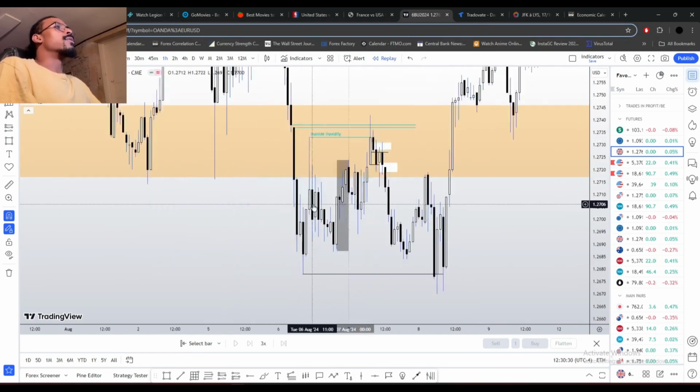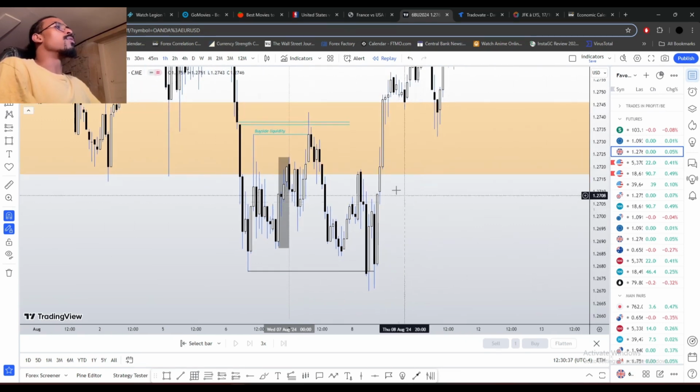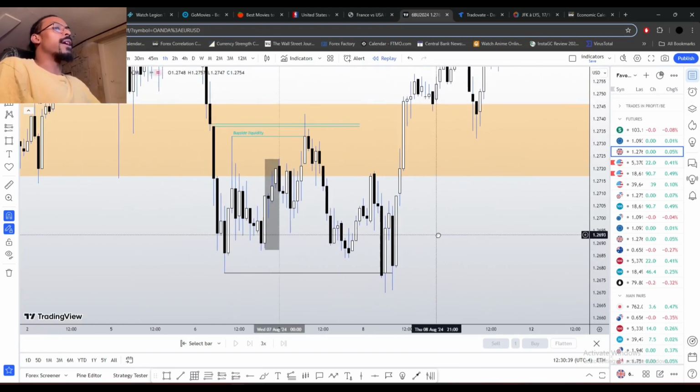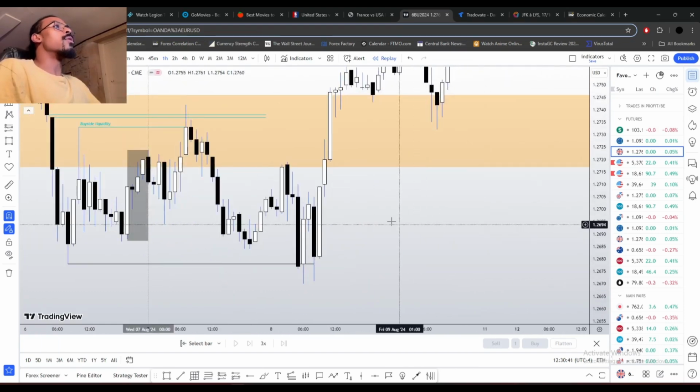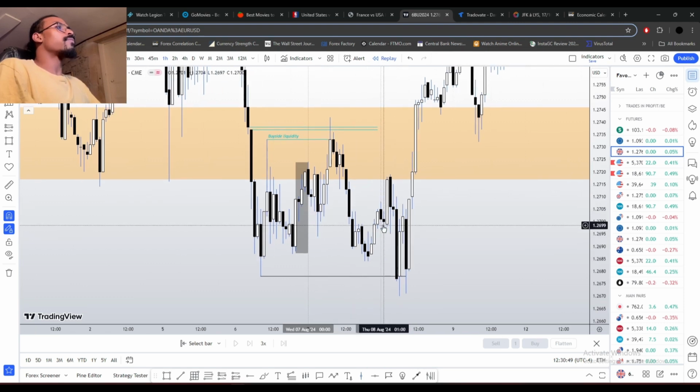Let's go into Thursday, and my next positions that I took on GU was on Thursday. So let's go ahead and break that down. So going into the 1 hour chart, right? Let's go into Thursday. So there's Thursday here. Midnight open.